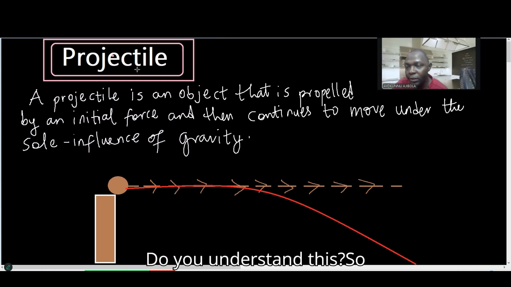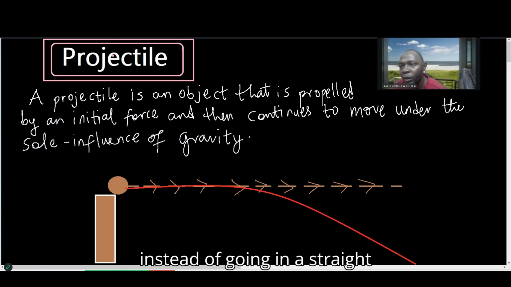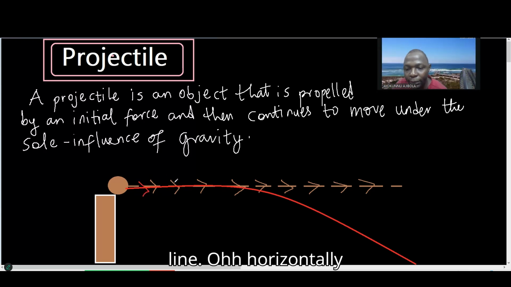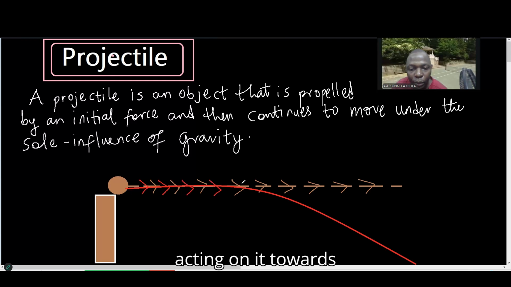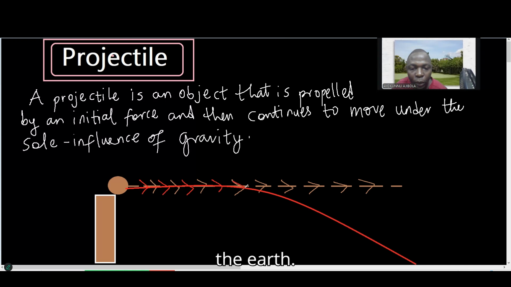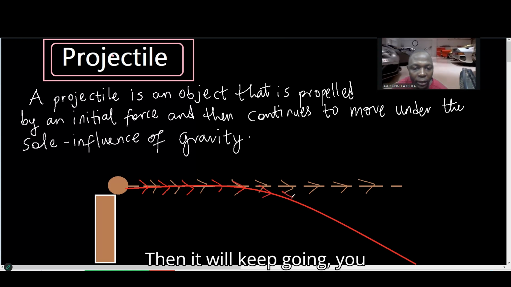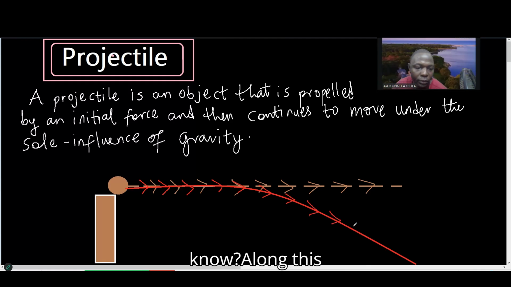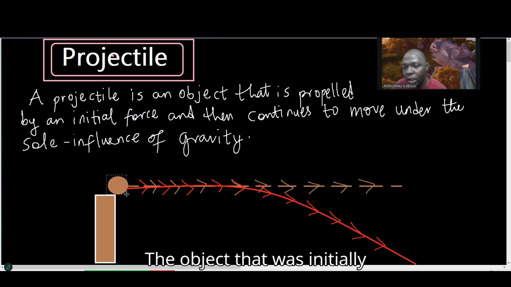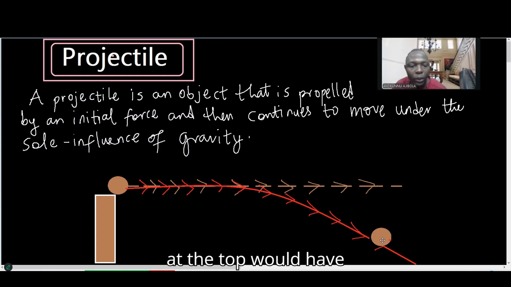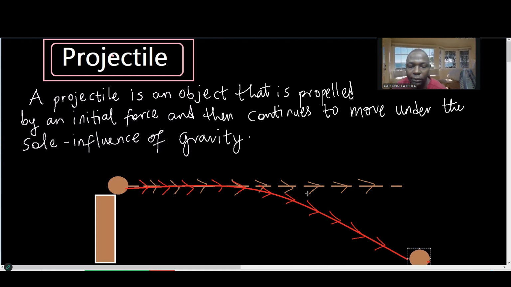Do you understand this? So instead of going in a straight line horizontally, because gravitational pull is acting on it towards the earth, it will keep going along this path until the object that was initially at the top would have landed here.